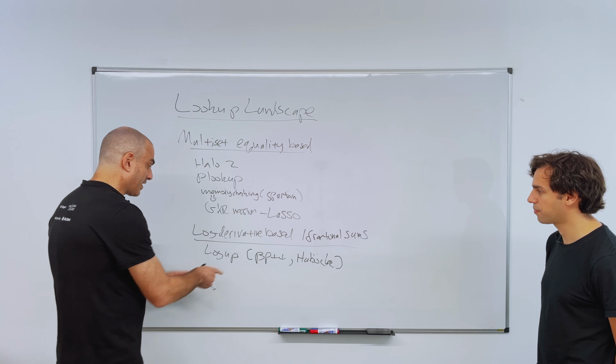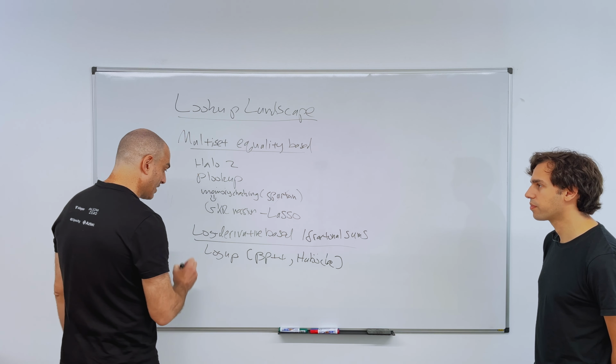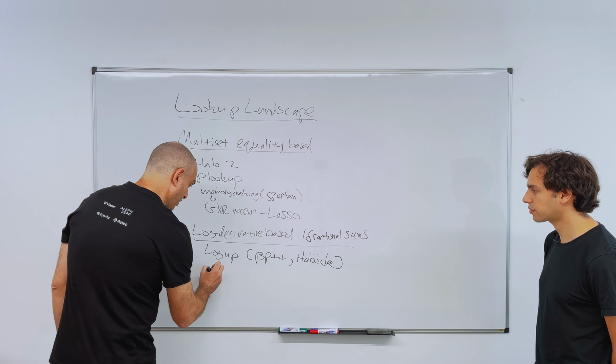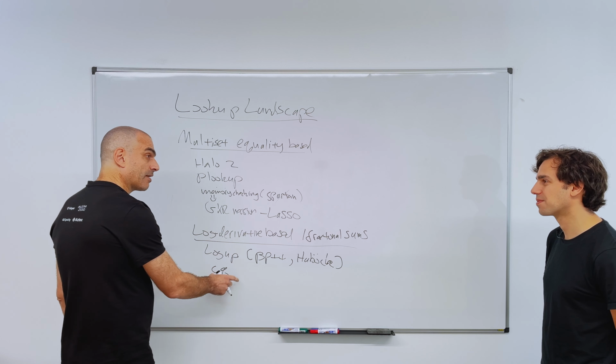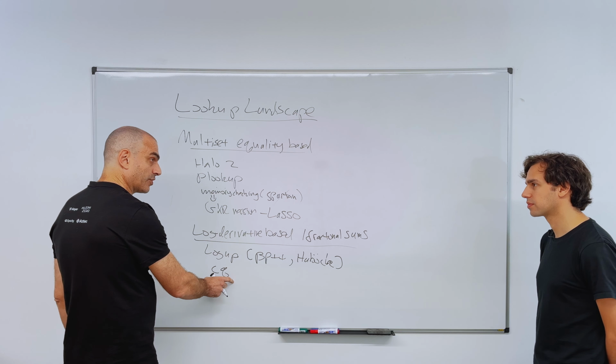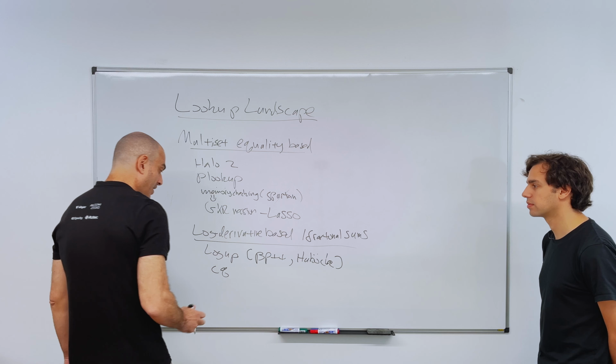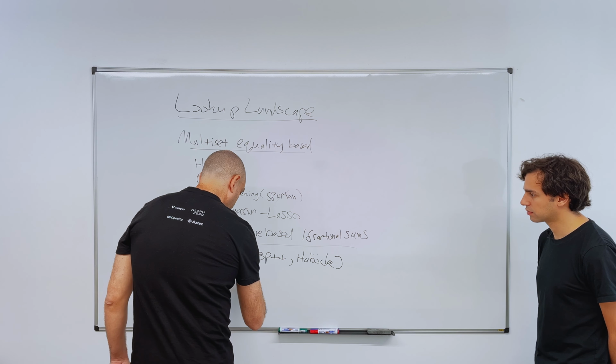So we had Logup, and then we had the CQ protocol, of which you're an author? Yeah, which improved Logup, or you could say adapted Logup to the setting of very large tables.